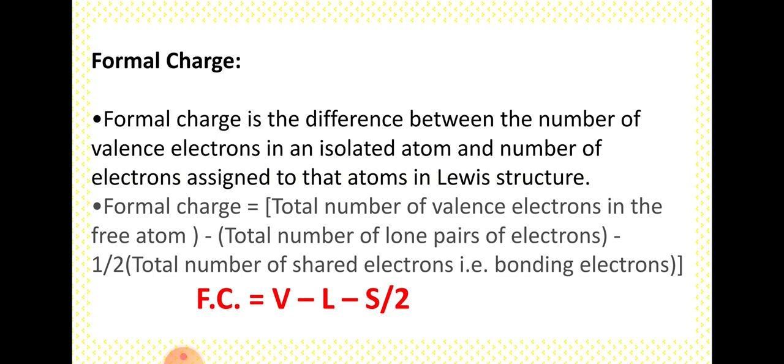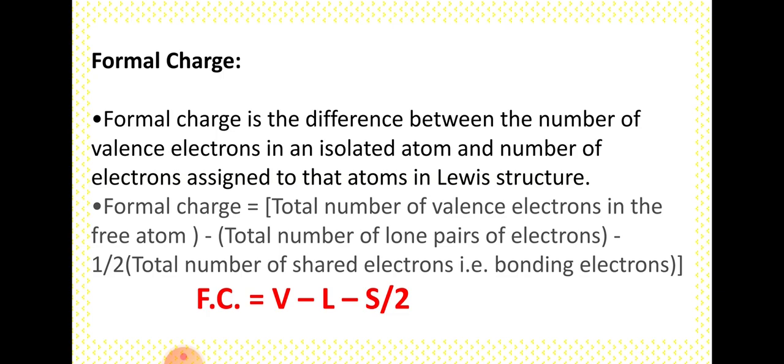However, it is possible to assign a formal charge on each atom. What is formal charge? Formal charge is the difference between the number of valence electrons of the atom in free state and the number of electrons assigned to that atom in the Lewis structure.